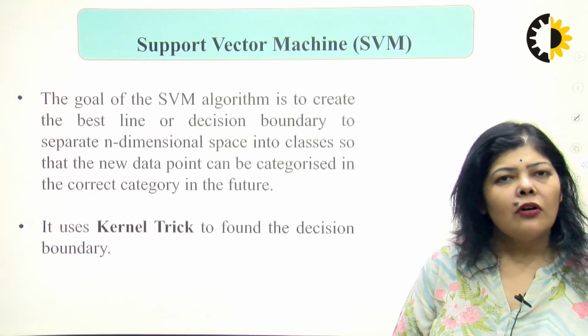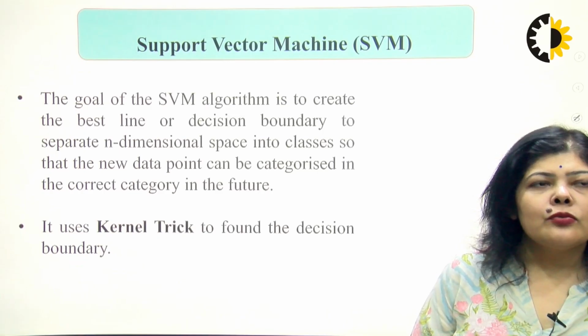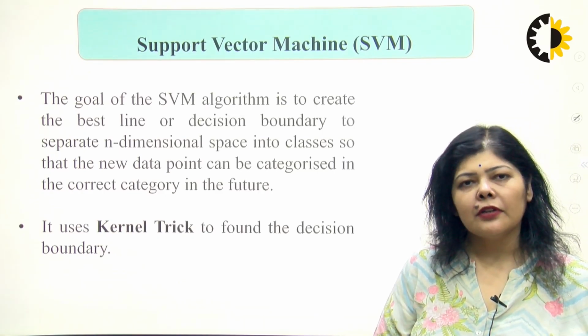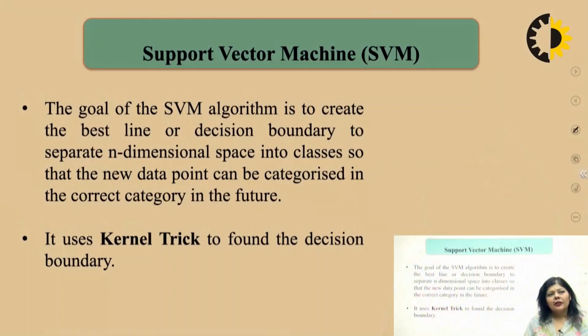Now the goal of SVM is to create the baseline, or the decision boundary, or the hyperplane as we call it here. The hyperplane separates the n-dimensional space into different segments representing different classes of data.